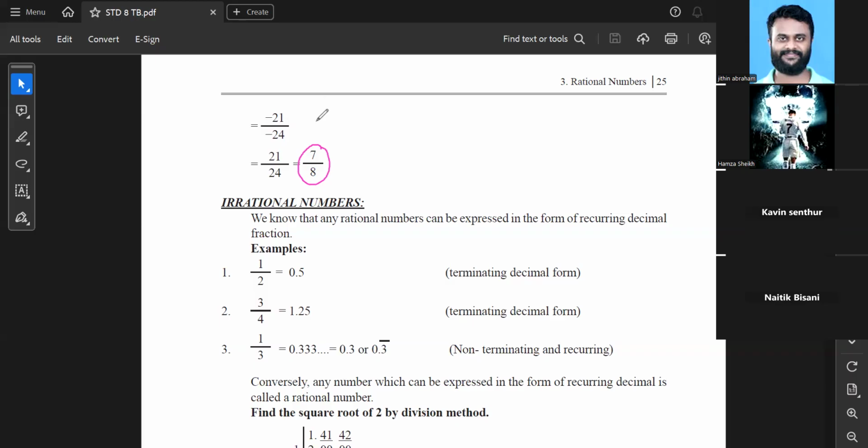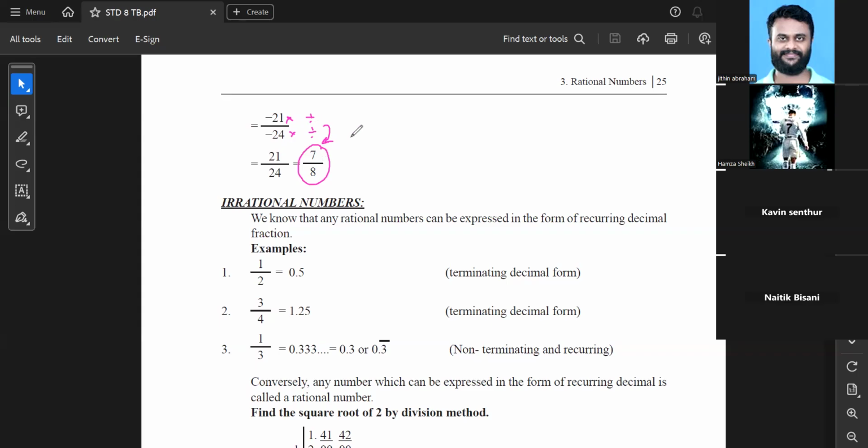For everyone's attention, my dear children, irrespective of whatever fraction, for example, in this case -21 by -24, whatever you want to do, like multiply by some number or divide by some number, you do it. In the end, when you cancel all the extra numbers and bring it to the simplest form, it will always remain the same.